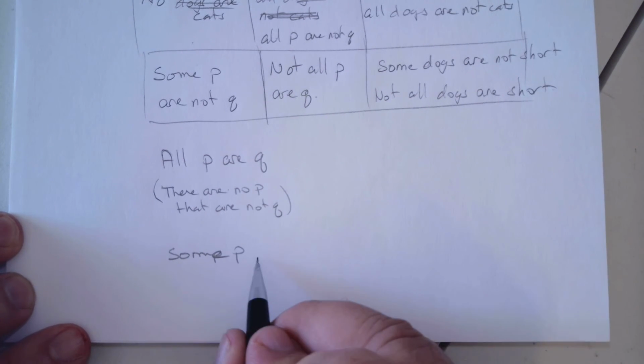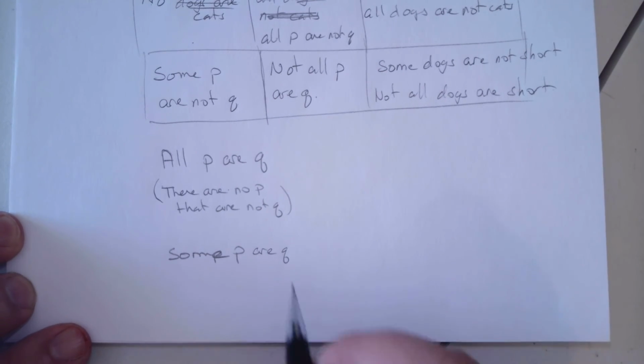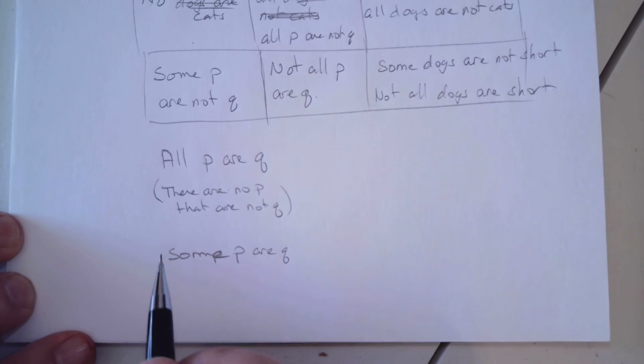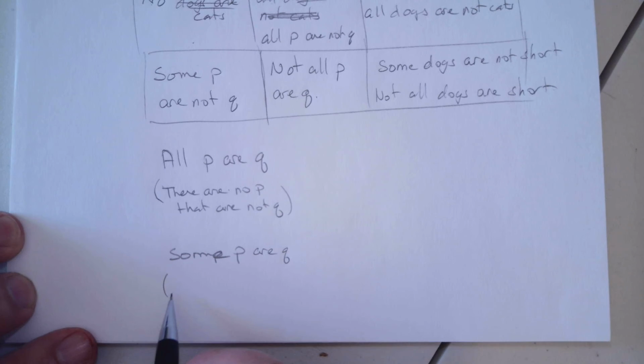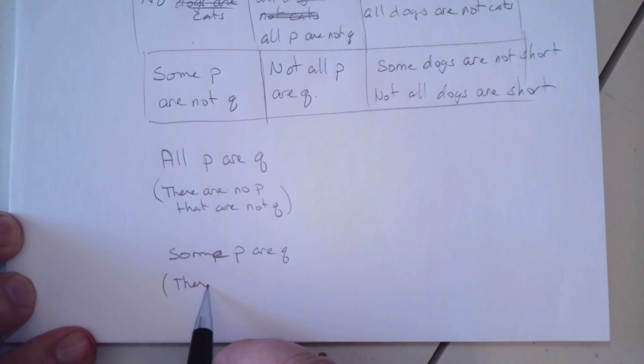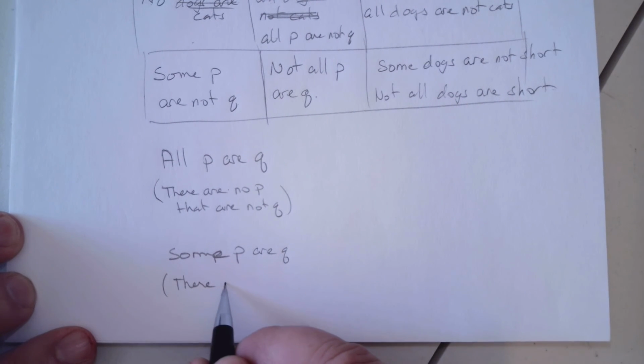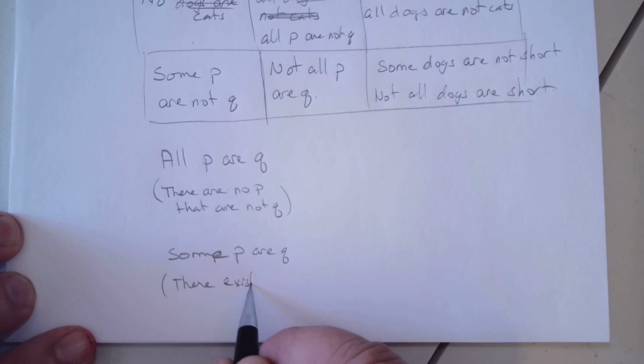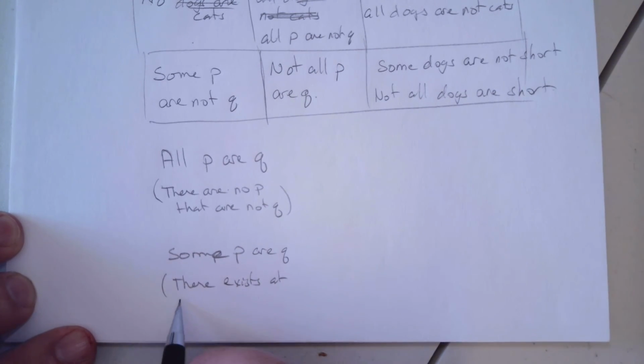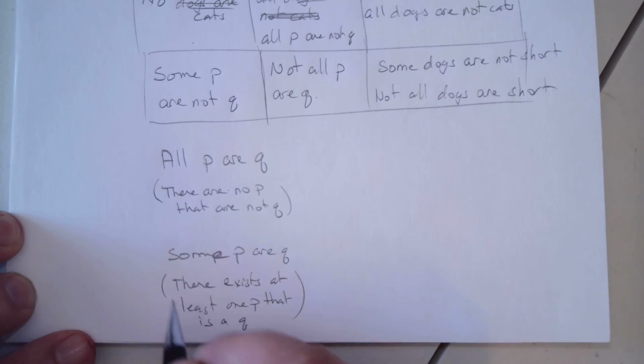Some P are Q, and the equivalent is there exists at least one P that is a Q.